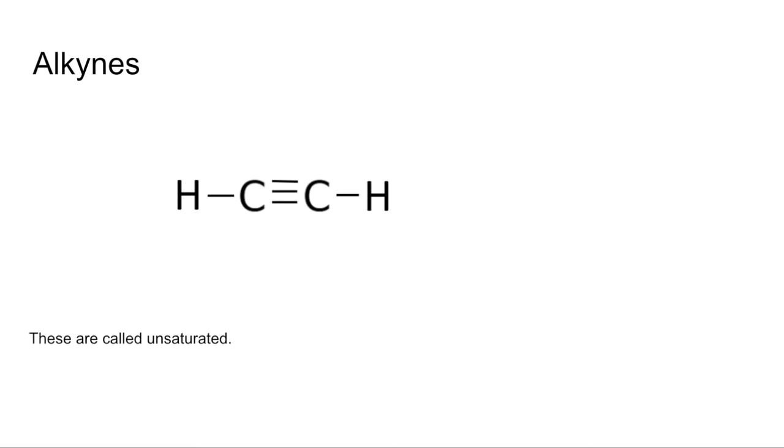Could we get a double bond between carbon and hydrogen? Well, no, because hydrogen only has one valence electron. When it has two valence electrons, it's full, and so it's full once it's made its one bond with carbon. So that's a bit about how we can know about these different hydrocarbons.